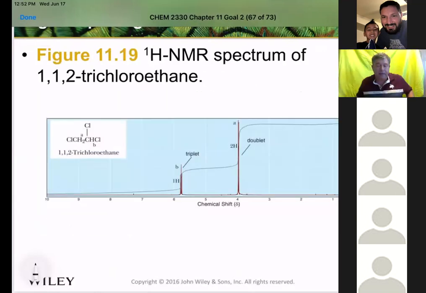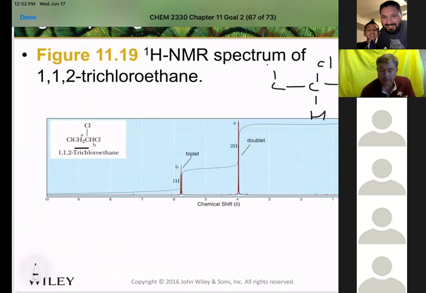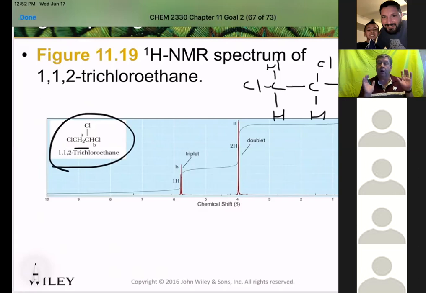So in the case of trichloroethane, we are going to look for the compound. So here's the compound. I'm going to redraw it such that we can draw attention to a couple of things. Cl, Cl, H, C, H, H, and Cl. Okay, so this is exactly the same structure here. Now let's go through our number of peaks, okay? We have 2 hydrogens on a carbon with 1 chlorine on it.